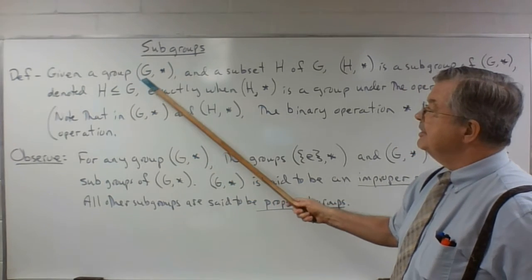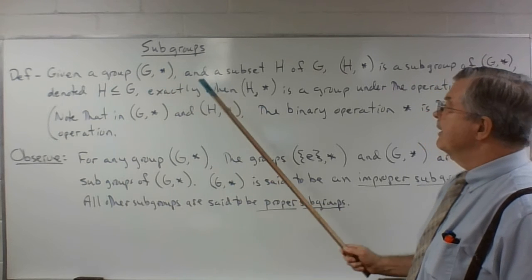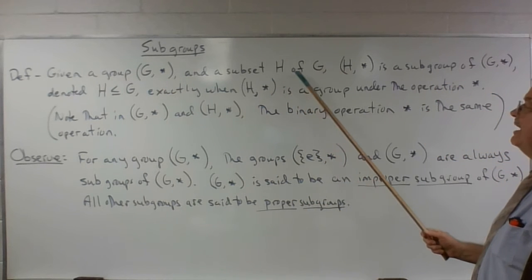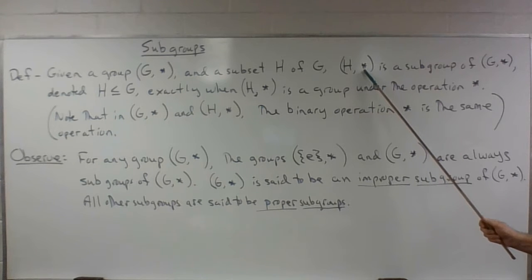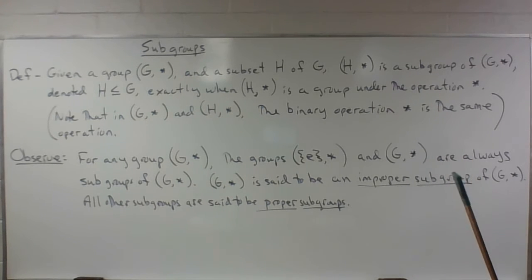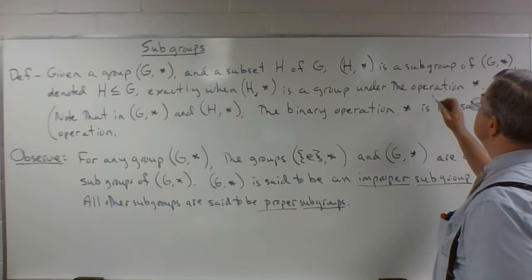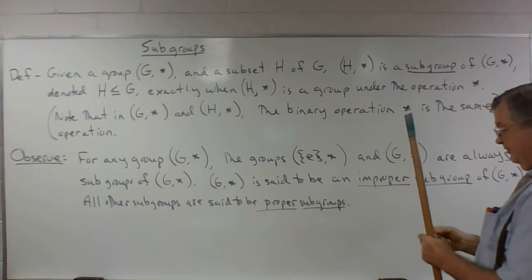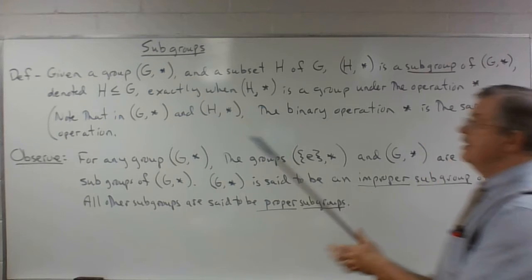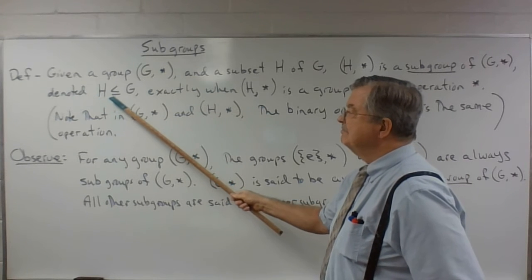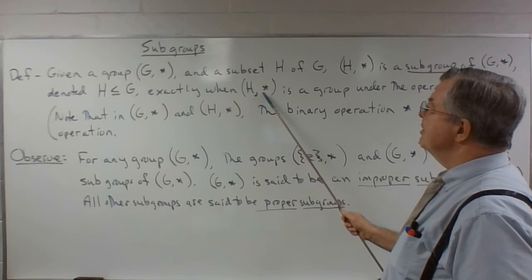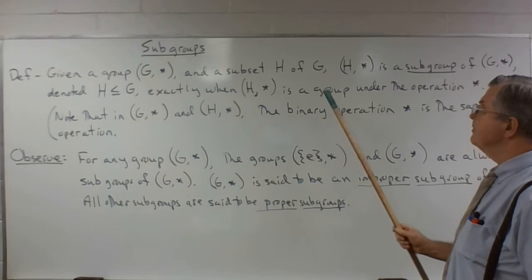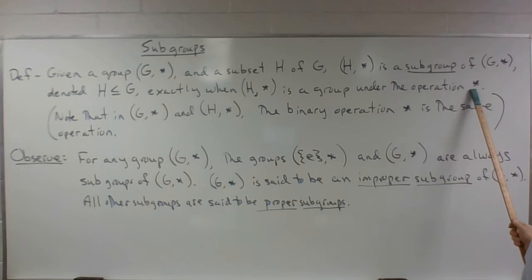Given a group G with binary operator star and a subset H of G, H together with the binary operator star is a subgroup of G, denoted H subgroup of G, exactly when H together with the binary operator star is a group under that binary operation.